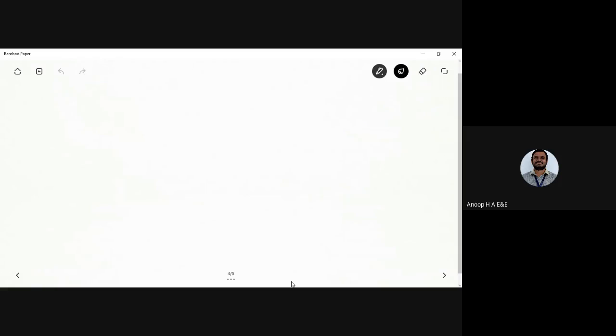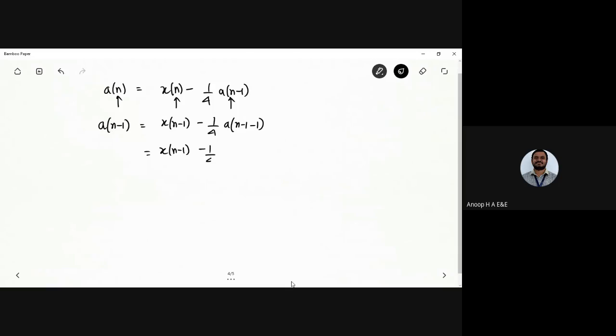Okay, so a of n minus 1, where n is being replaced, so you take this equation, a of n, that would be equal to x of n minus 1 by 4 times a of n minus 1. Now replace n with n minus 1, only n with n minus 1. So what you are going to get? So n with n minus 1, x of n minus 1 minus 1 by 4 times a of n minus 1 minus 1. Okay, so that is x of n minus 1 minus 1 by 4 a of n minus 2.